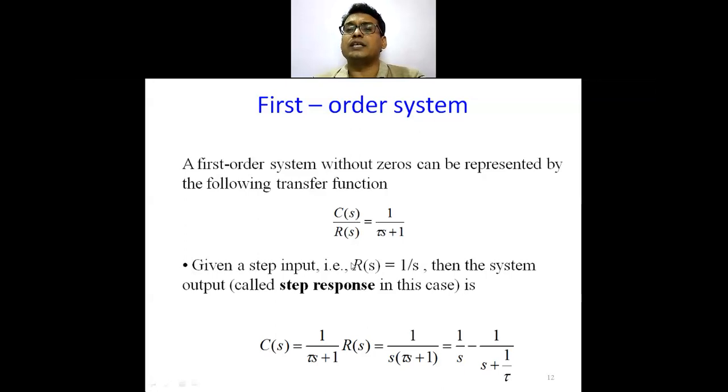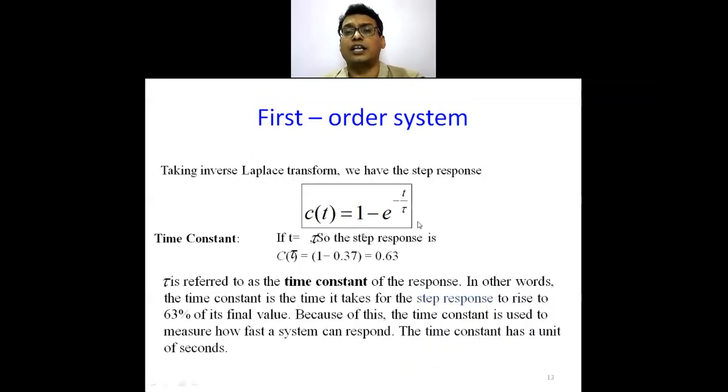So R(s) equal to 1 upon s is the step input. After simplification and applying partial fractions, you will get the final equation as c(t) equal to 1 minus e raised to minus t upon tau, where they have taken the unit step.